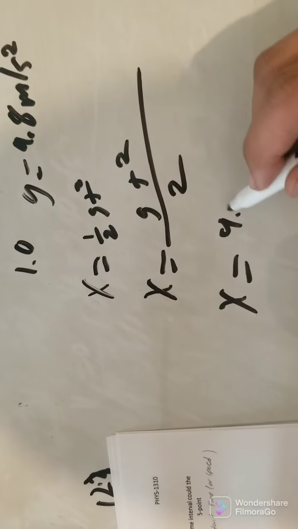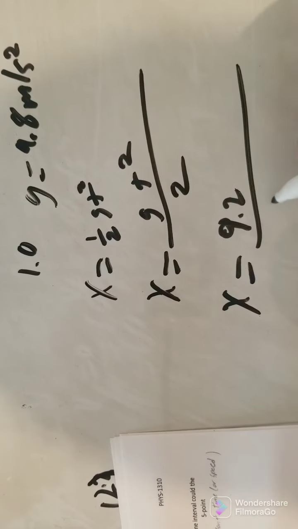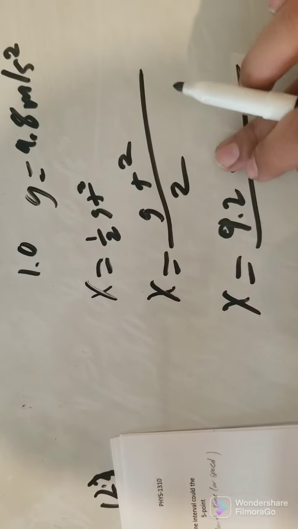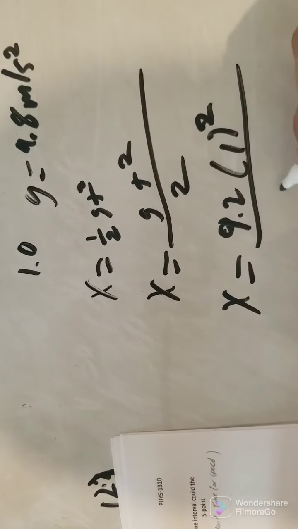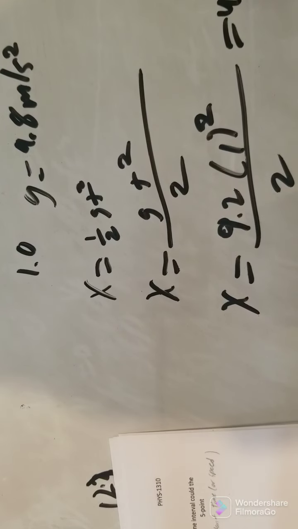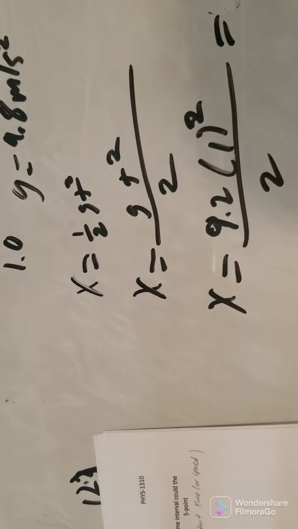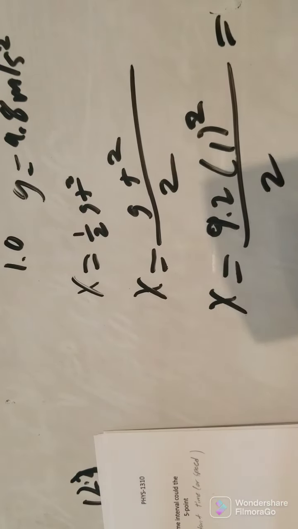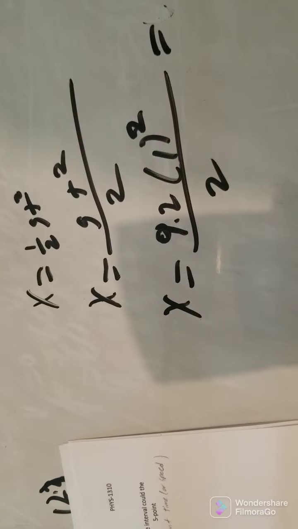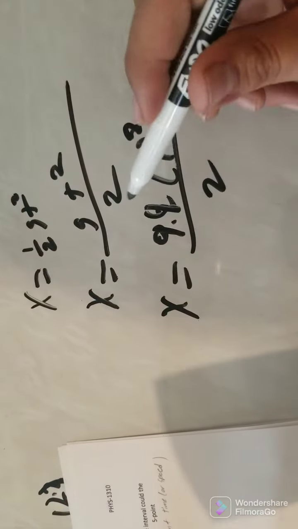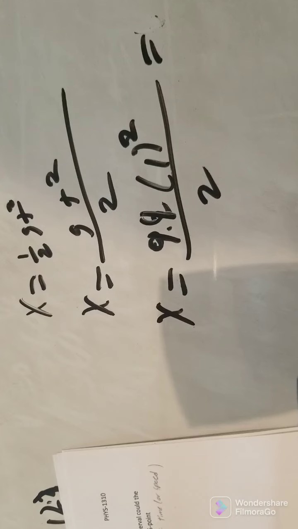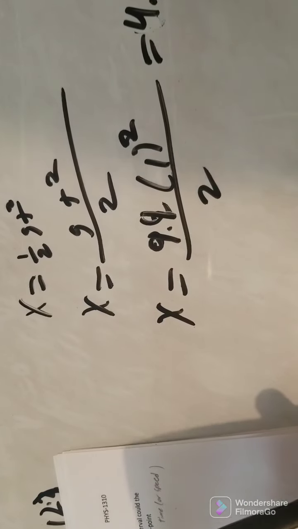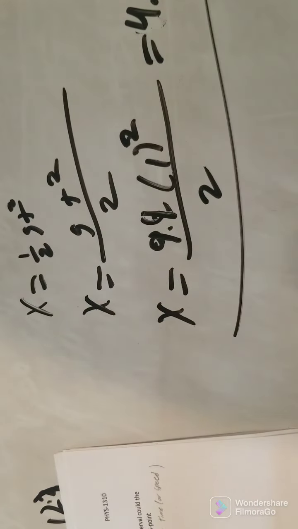That's x equals 9.2, wait, why did I put 9.2, that's 9.8, my bad, times 1 squared over 2. 9.8 divided by 2 is equal to 4.9. Okay, and so that's for the first rock.